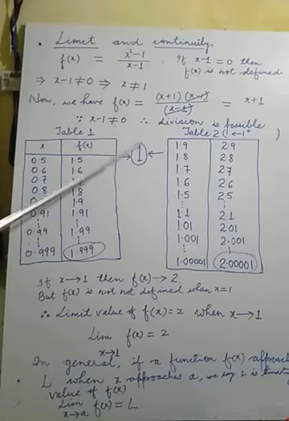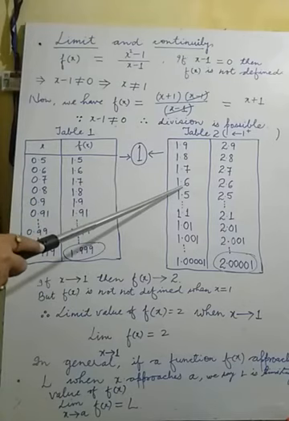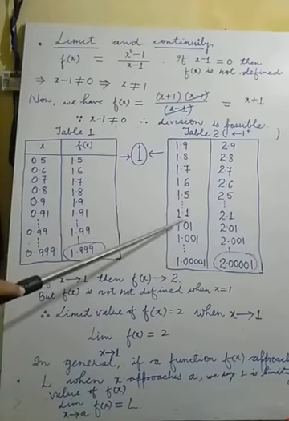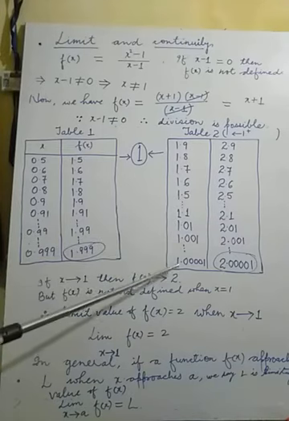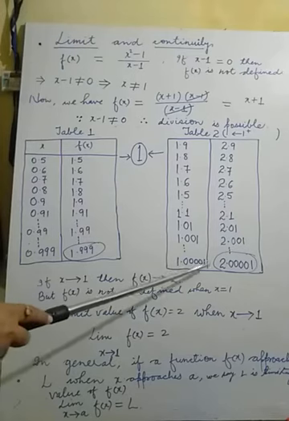See, now some values are greater than 1. To see the condition, 1.9 is greater than 1, then 1.8, 1.7, 1.6, 1.5, 1.1, 1.01, 1.001, 1.00001.